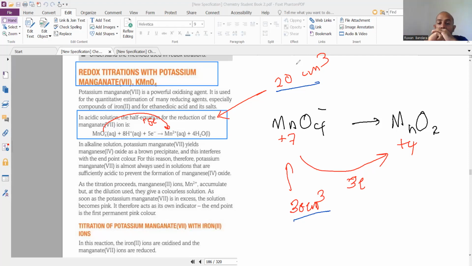Natasha, what do you think? Why is the titer value in the alkaline medium greater than in the acidic medium? These are exam questions. Can anyone tell me the answer, Pranav?